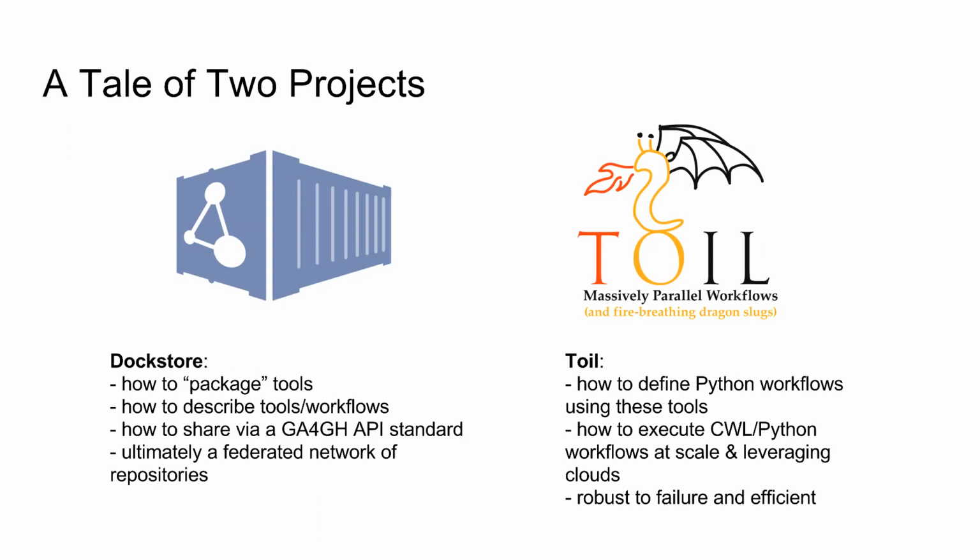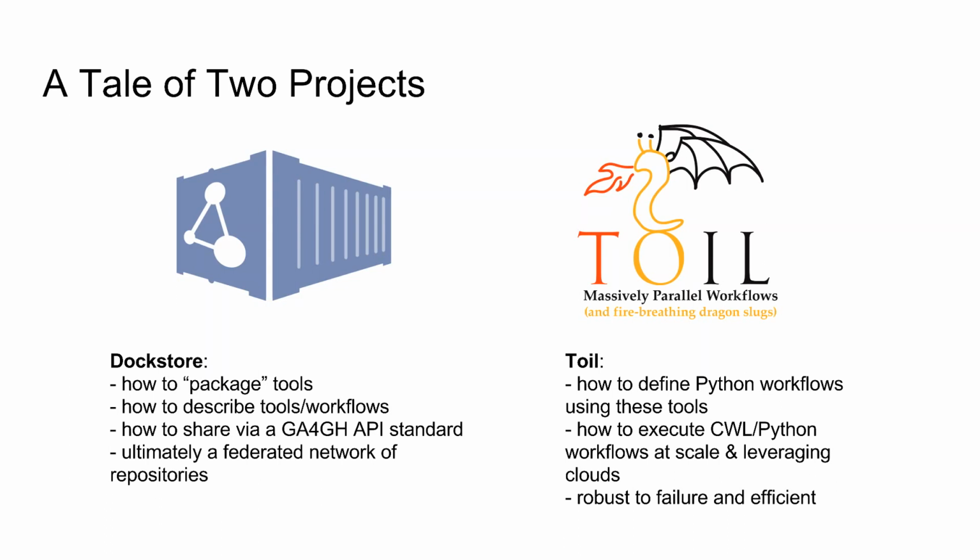And really the whole goal for Toil is executing these workflows, whether they're Python or CWL, at scale, leveraging cloud environments. And what I particularly like about Toil is it's really quite robust against failure and efficient. And I think those are two unique qualities in addition to working on cloud environments.